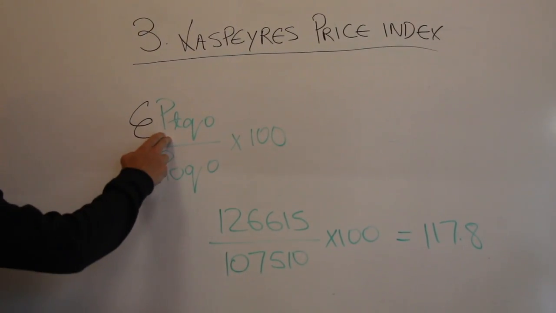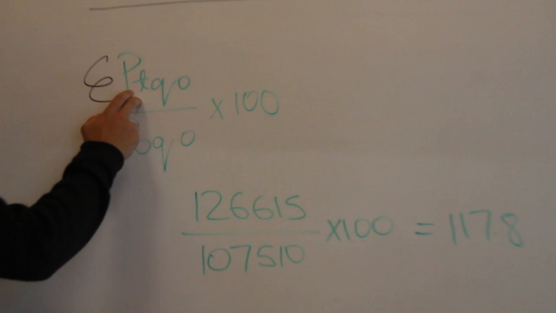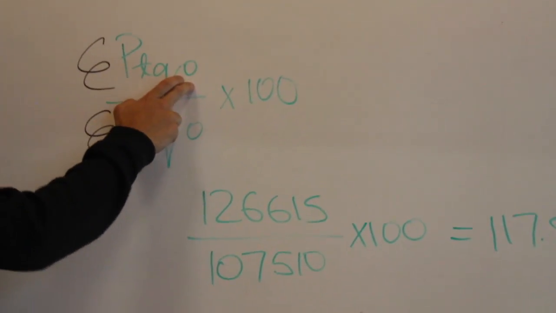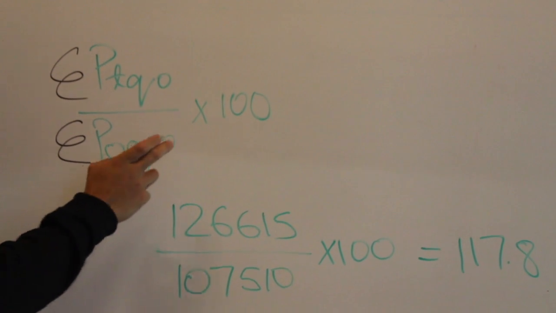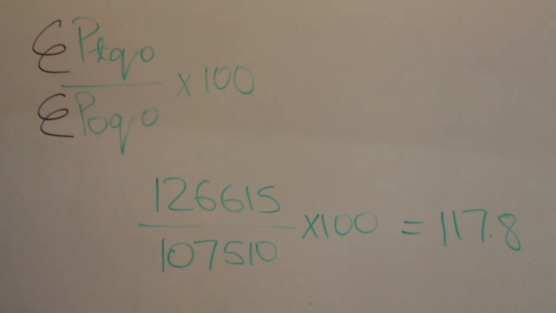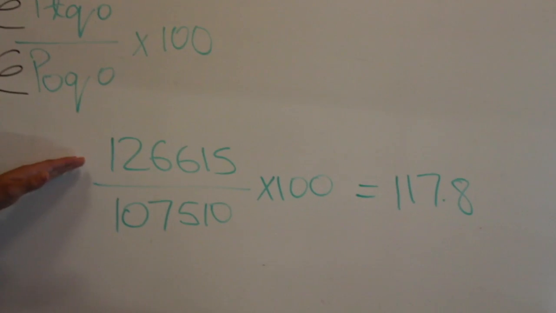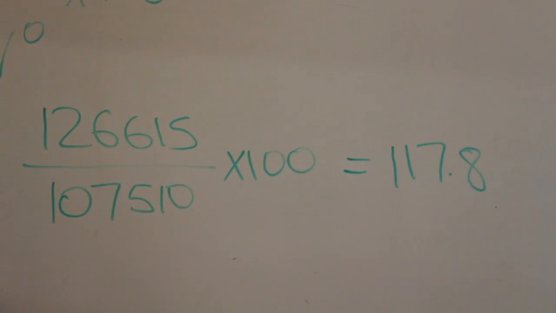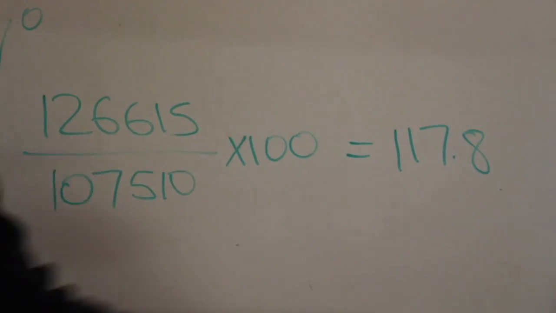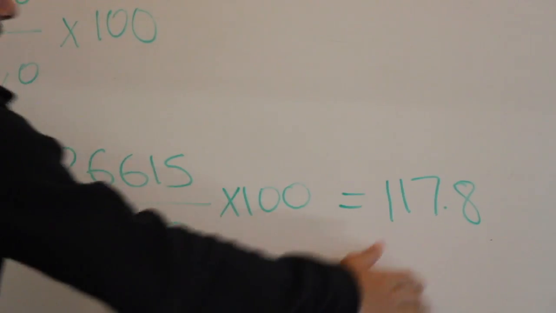So you take the sum of the current price times the base quantity, and the sum of the base price times the base quantity, times 100. So these are the sums here, and you divide them and multiply the base by 100, because you always have to multiply the base by 100, and it gives you 117.8.